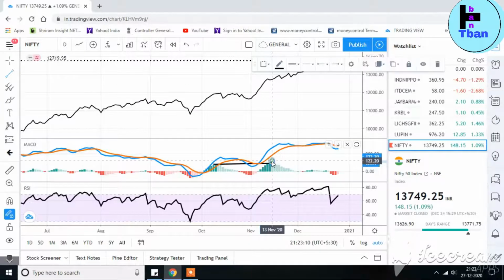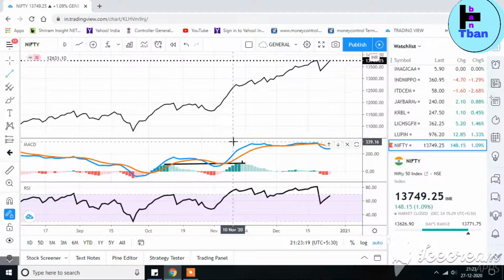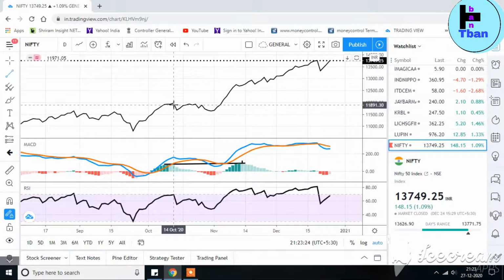Here you also watch. Just here you also see this top to this top. Okay. And here you also observe this trend line. This line is fully flat.